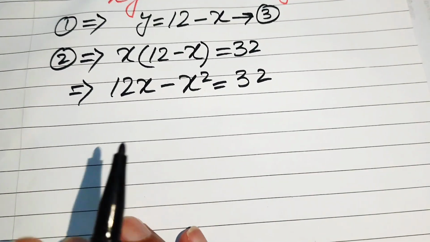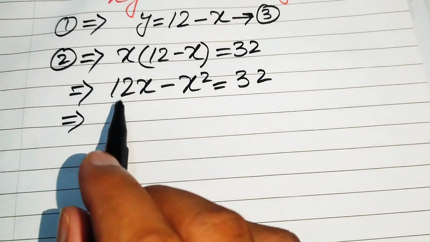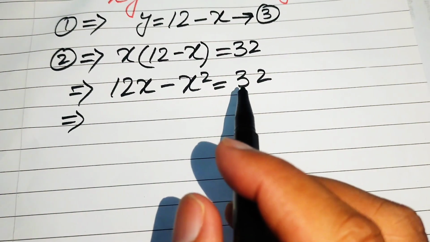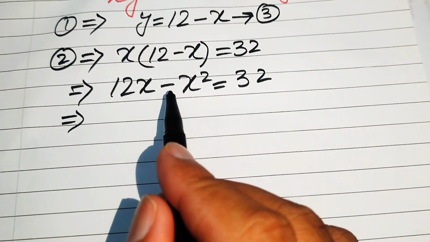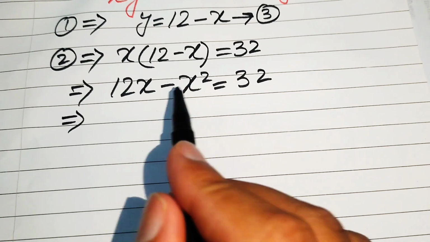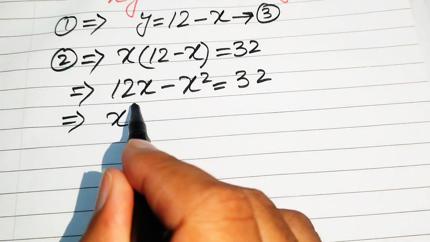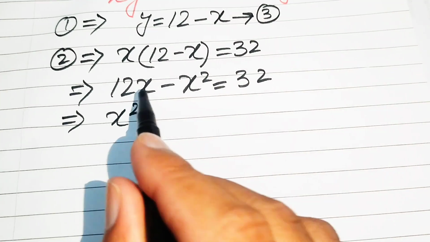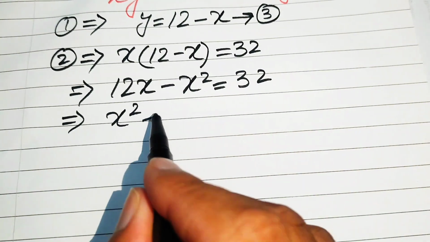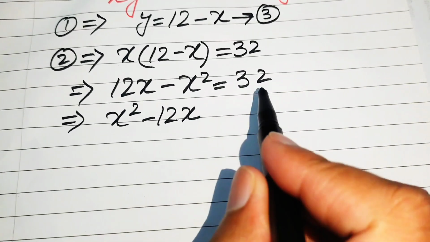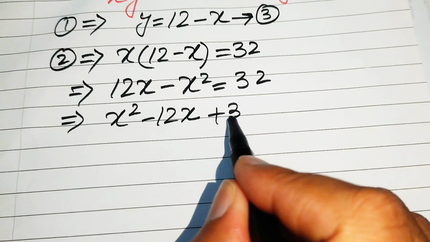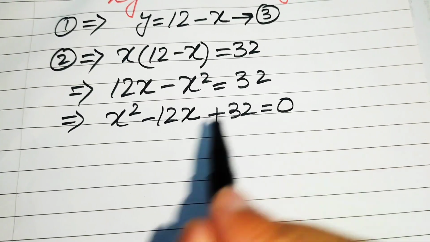And now in the next step, here we rearrange the terms and we move these two terms to the right hand side, and it will be written as, because here you see that this is minus x square, when we move to the right hand side it becomes plus x square, and this 12x moves to the right hand side and becomes minus 12x, and this is our plus 32 equals 0.